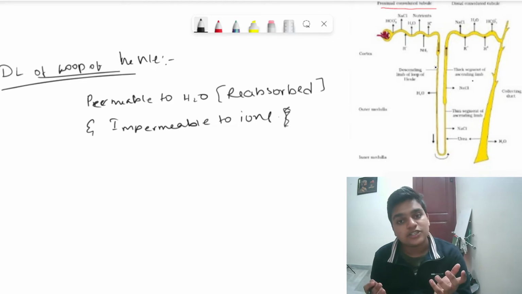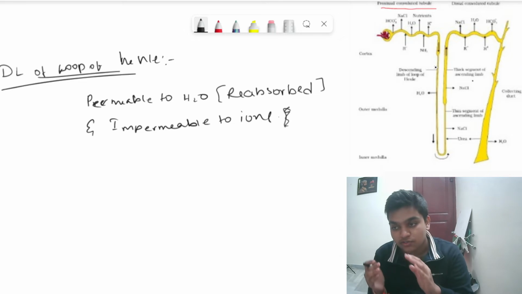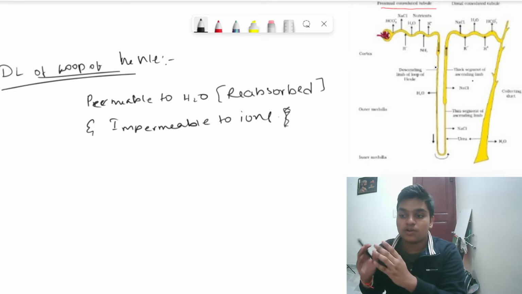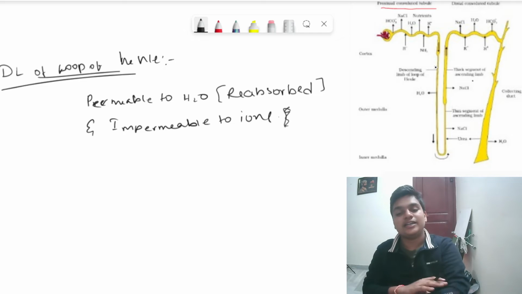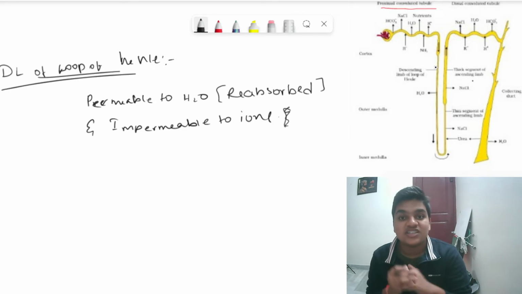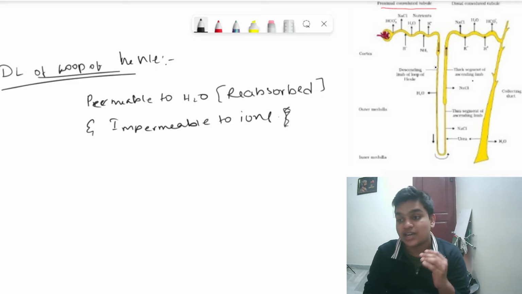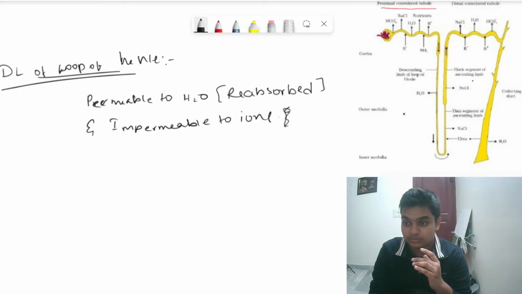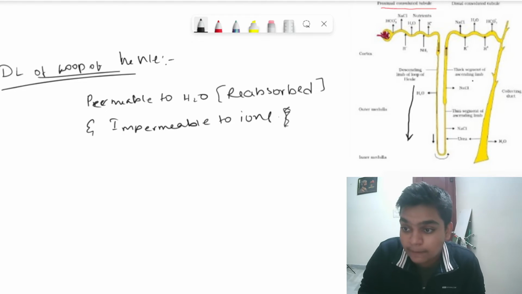So what happens to the concentration of the urine that is formed in the descending limb? With respect to the medullary fluid, the concentration increases gradually when you are moving down the descending limb of loop of Henle.